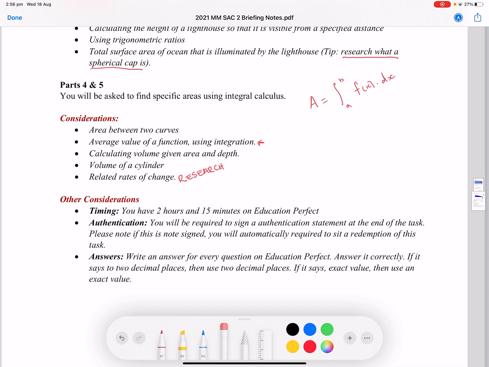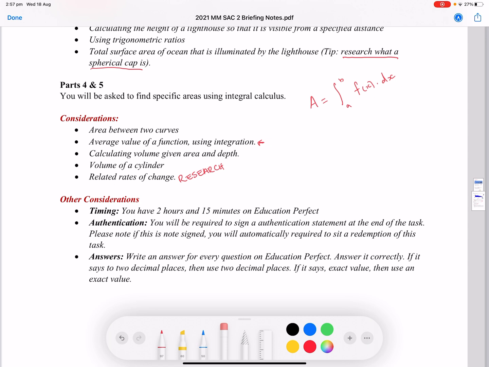The other important information which we always talk about is write your answers for every question on Education Perfect. So we understand that sometimes you might not write all the solutions out on Ed Perfect, that's fine, but you must have your answer there. And answer it correctly. If it says to 2 decimal places, then use 2 decimal places.